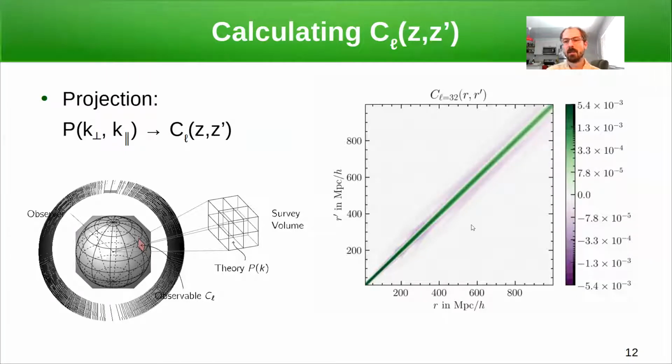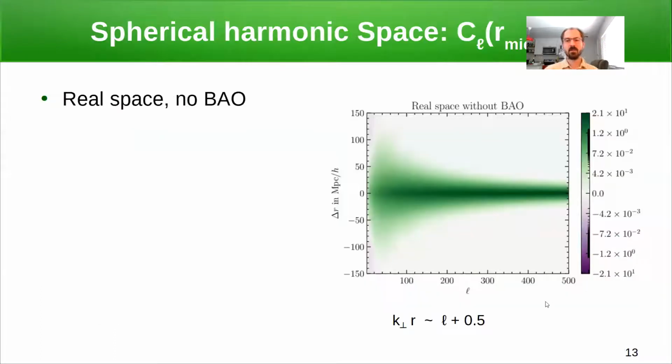Notice that if you are at a bit higher redshifts, basically there's very little change along the radial direction, like in this direction here, and all of the change is in the delta R direction, so the difference between R and R prime. This makes it very natural to look at a projection that cuts through here, so let's do that in the next plot.